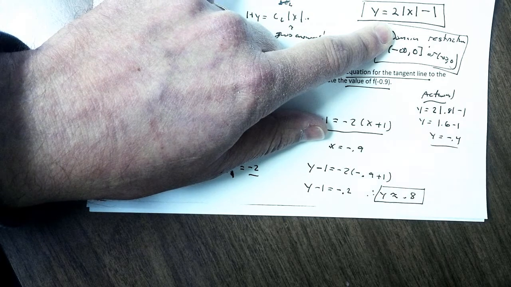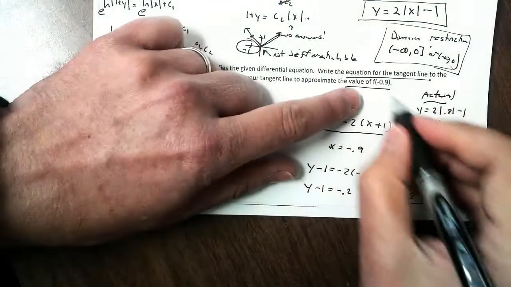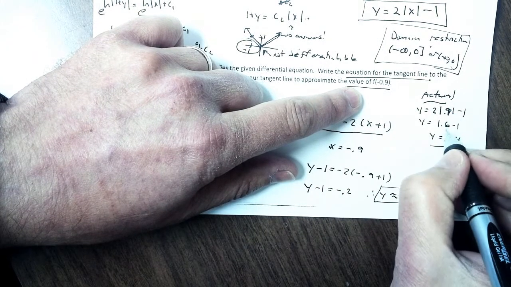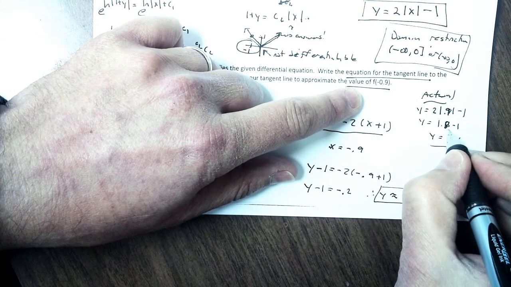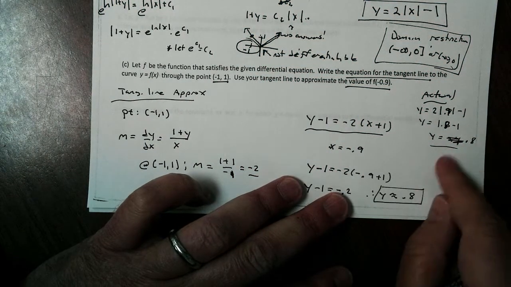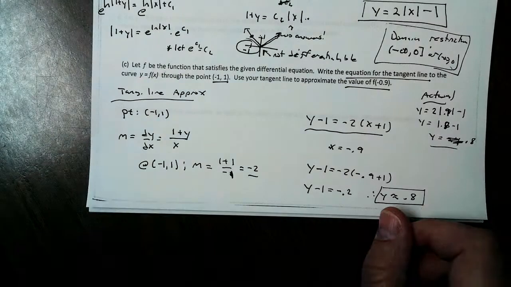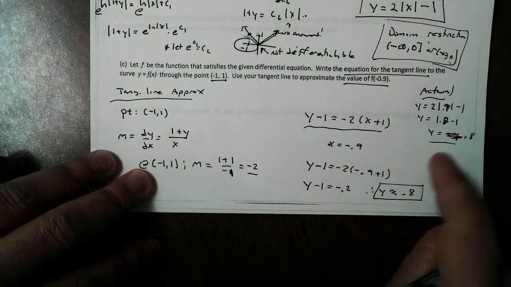Anyway, to get the actual value at negative 0.9, I plugged it in wrong. Negative 0.9, there we go. That's 1.8 minus 1, and that is 0.8. I messed up on my subtraction. So we actually get the same answer, but that's really because the absolute value is a line already for us, so we should expect to get the same answer there.